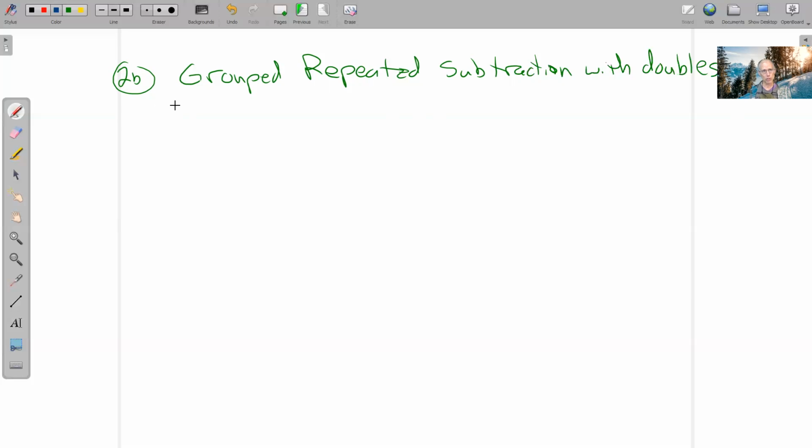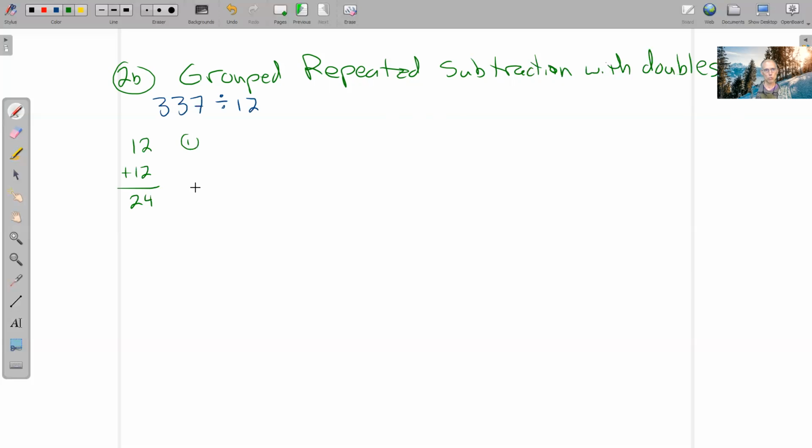And so the first thing we would do, given a problem, and let's stick with the 337 divided by 12, is we would make a list of doubles for 12. So 12 plus 12 is 24, right?